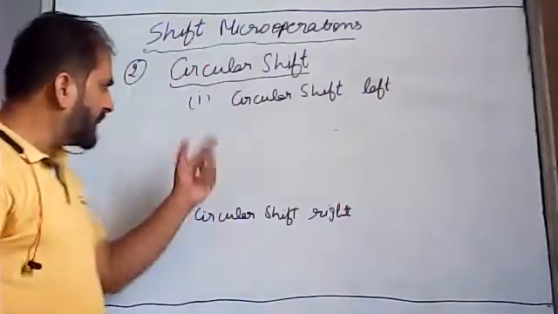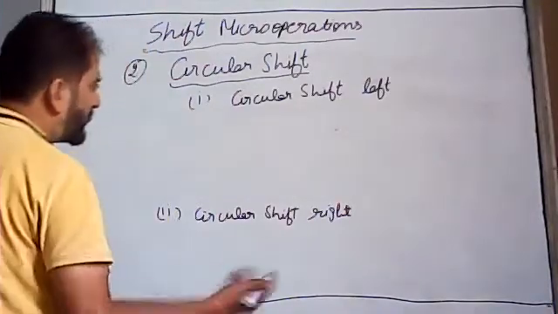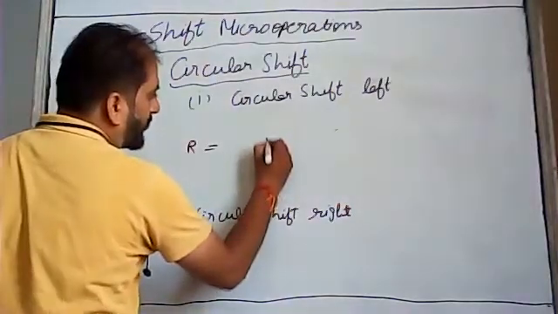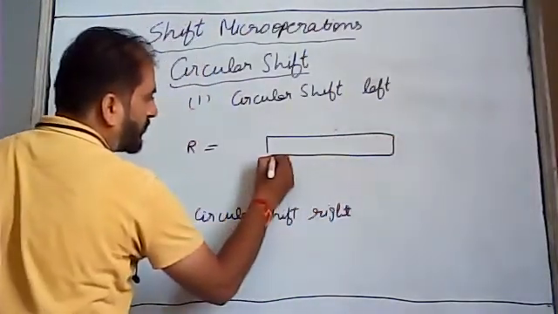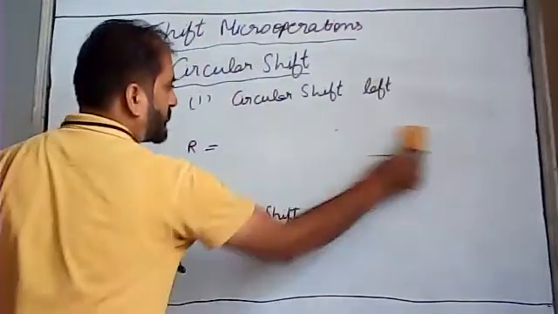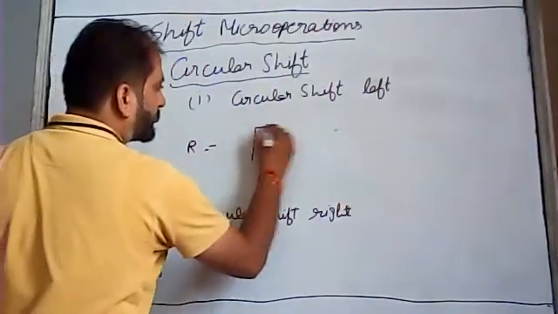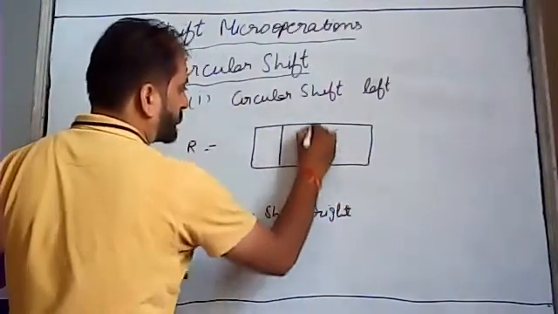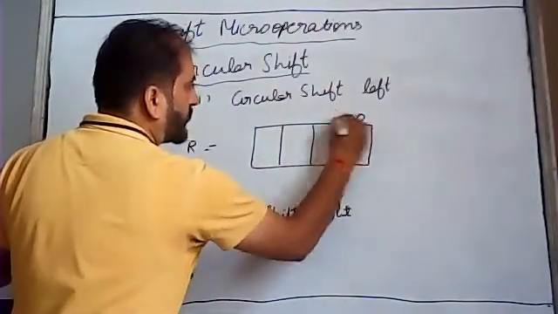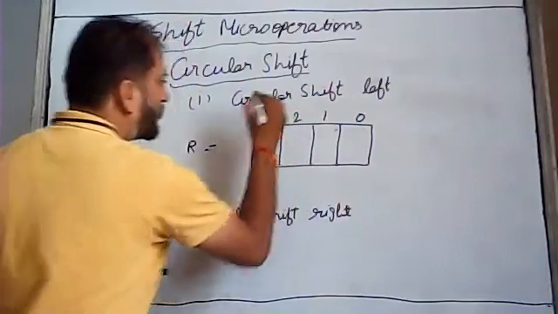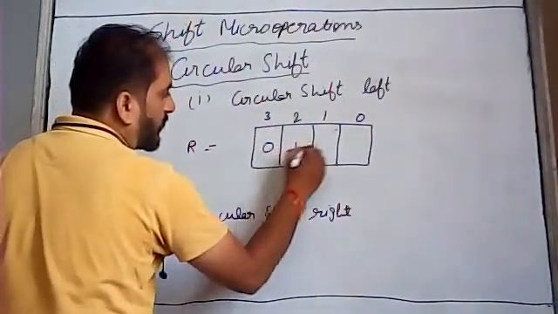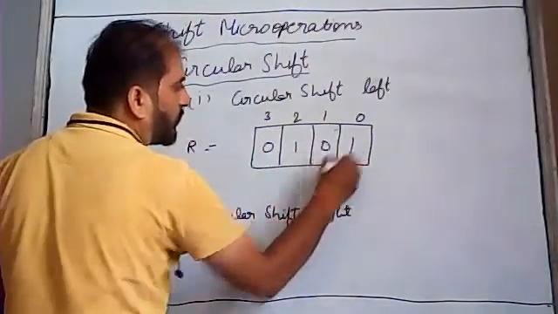Again, let us understand it with an example. Suppose we have a register R which is a 4-bit register, with bit positions 0, 1, 2, and 3. And suppose we have data 0, 1, 0, 1.